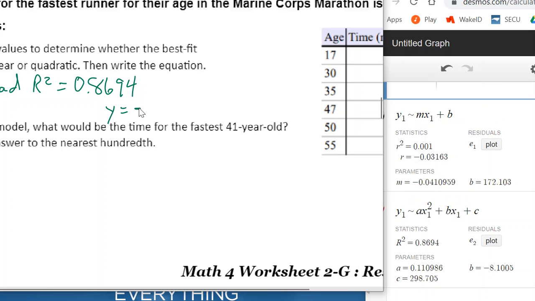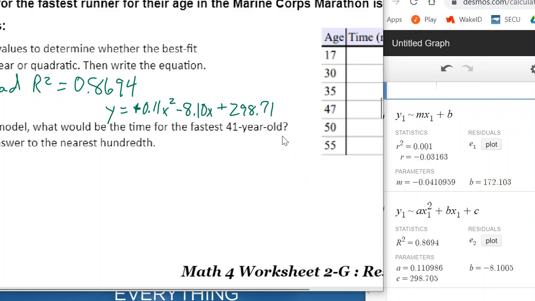Negative, oh, that's right, that is quadratic. So this is going to be positive 0.11 x squared minus 8.10 x plus 298.71. That's going to be the equation.